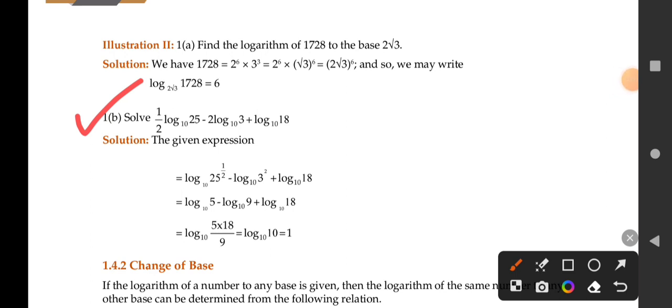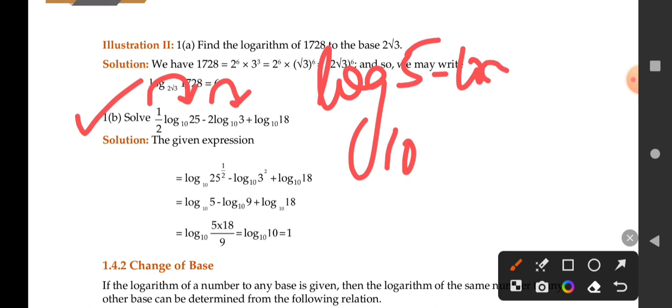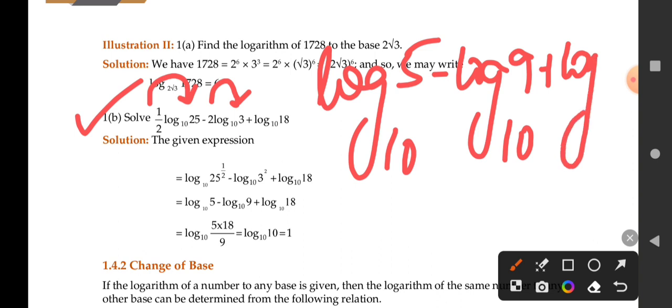problem over here, again simple, use all the laws of logarithm. What do we get? Log square root of 5, since half will come inside, so square root of 25 is 5 to the base 10, minus, then the 2 will come inside, that is log 3 square is 9 to the base 10, plus log 18 to the base 10.